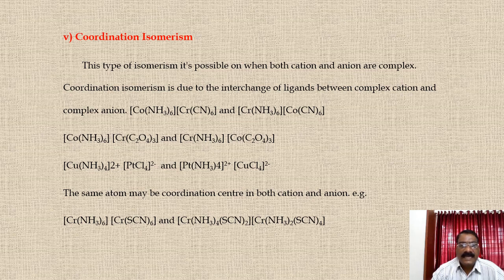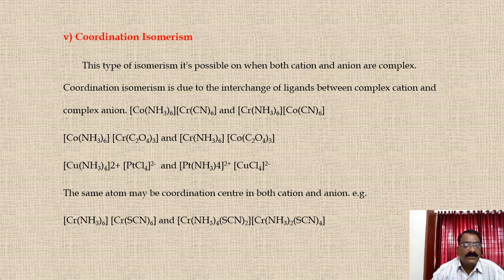Here the ligands get exchanged and we get different complexes. In the first, the cation has NH3 ligands and the anion has CN⁻ ligands, but they get exchanged with the metal ions and we have the corresponding isomer. Another example, [Co(NH3)6][Cr(C2O4)3] and [Cr(NH3)6][Co(C2O4)3].